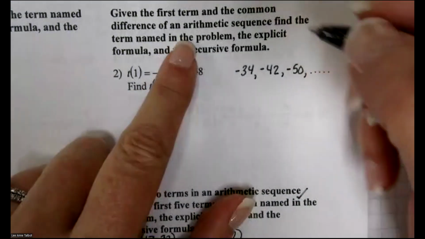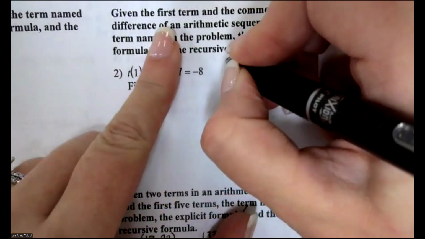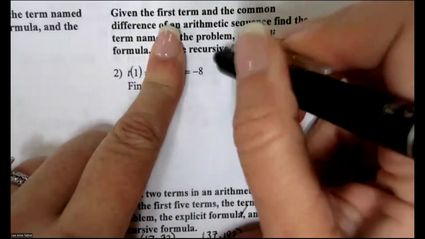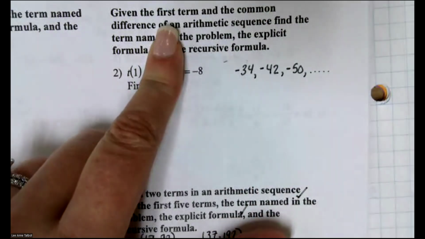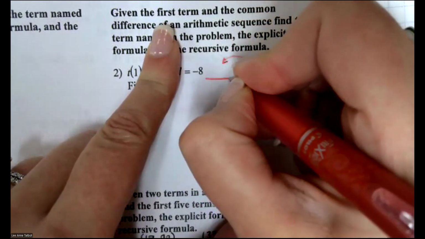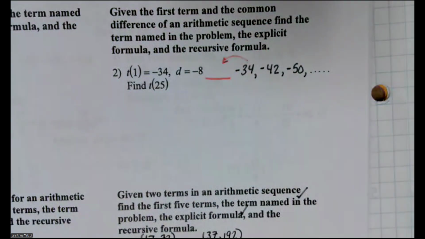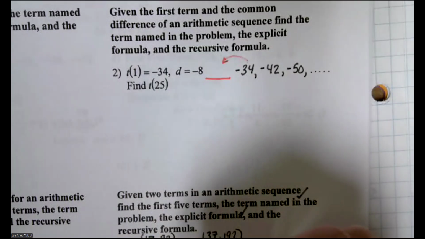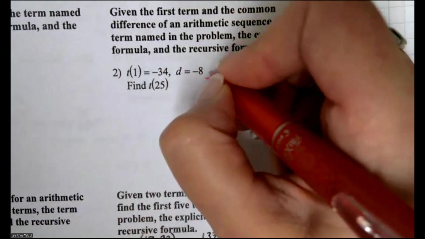And to find the explicit, which I'm going to do first, I have to go backwards. I don't want to go backwards with black pen, though. I want to go backwards with pink pen. And find term 0. Okay, so what would term 0 be? Negative 26?